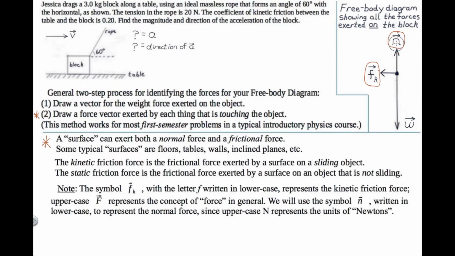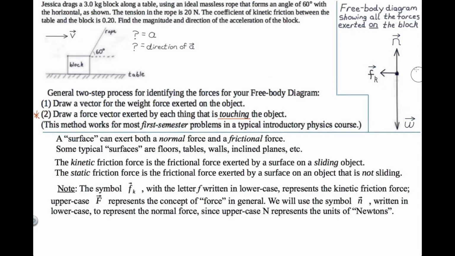We will represent the normal force with the symbol lowercase n, and we will represent the frictional force with the symbol lowercase f. The block is sliding along the table, so the table will exert a kinetic friction force rather than a static friction force on the block.